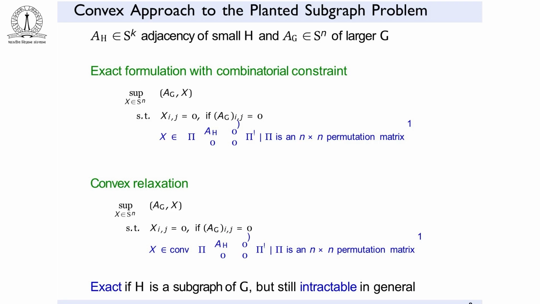Gradient descent, number one, is applicable to unconstrained minimization. Suppose you wanted to, so this is a constrained problem, number one. Number two, even if you were trying to minimize a convex function in an unconstrained way, it's unclear.